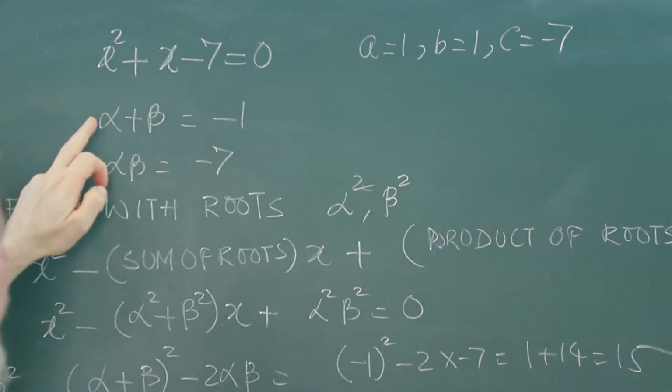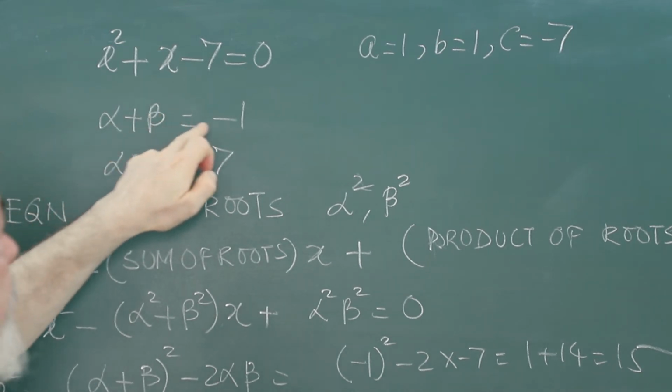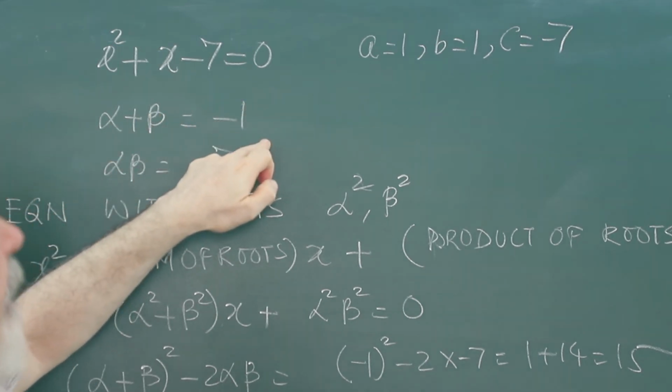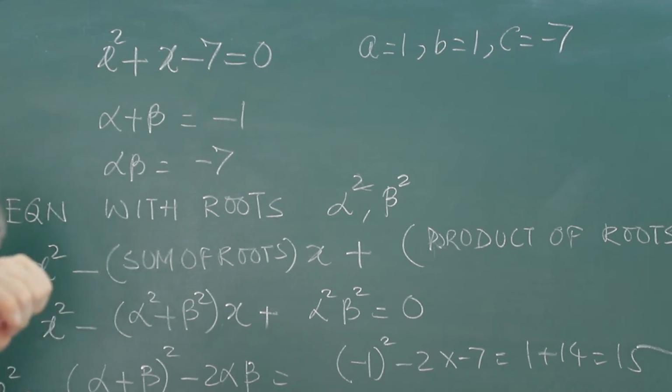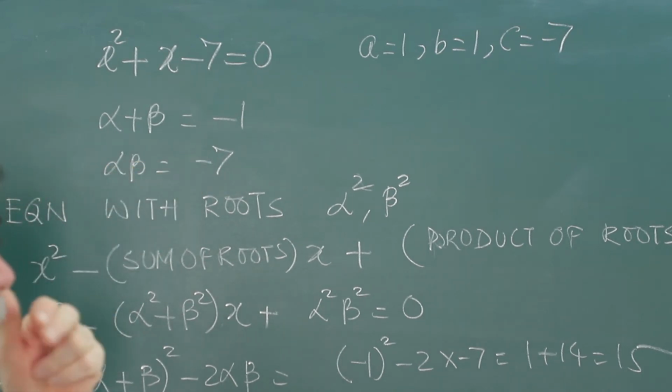So from this I will calculate the sum of the roots alpha plus beta as minus b upon a, which will come out to be minus 1, and alpha beta is c upon a, which comes out to be minus 7. Now he says, form a different equation whose roots are alpha square and beta square.